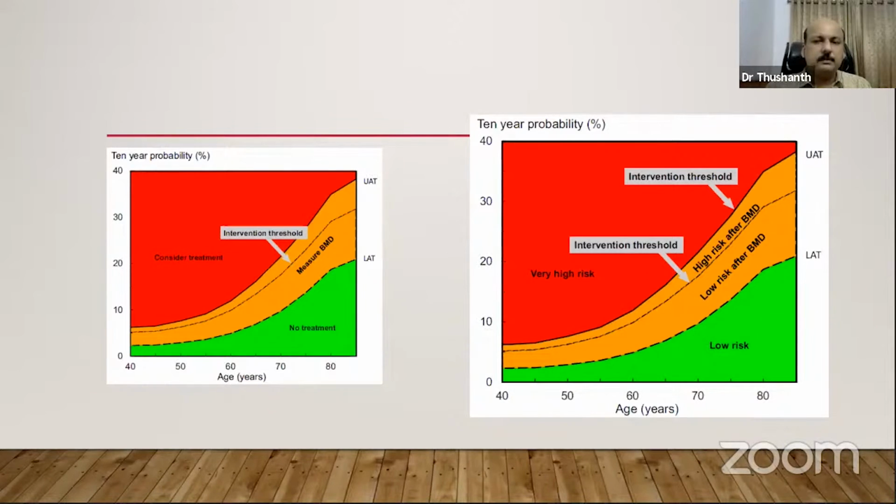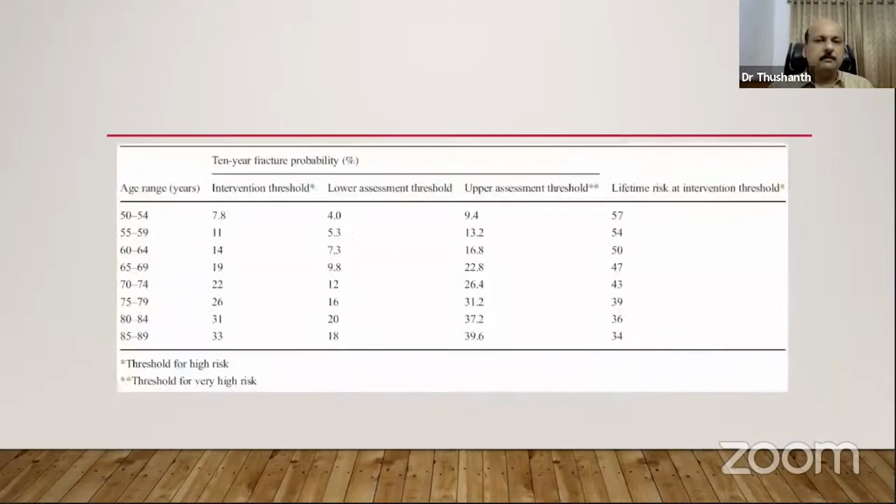If they fall below the intervention threshold line, they fall under low risk, they need not undergo any further treatment. Whereas if they are falling above the intervention threshold, they also should undergo treatment. This is what is recommended in the latest European guidelines. So they have incorporated the FRAX score along with the BMD scoring, so that everything can be taken together, and then we can decide on treating the patient further.